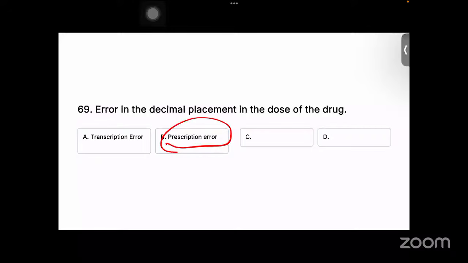So I'll tell you one interesting story. When I was in a country around 3 years ago, I was prescribing the patient 2,500 units of heparin.